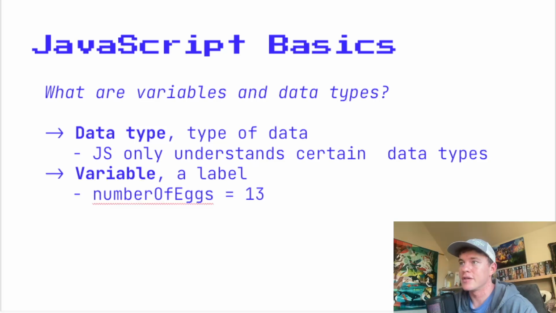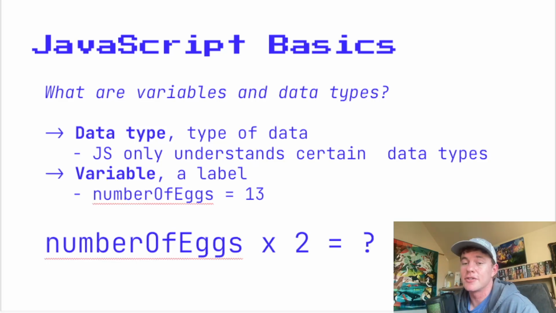So basically what we have is certain types of data, and then we have a labeling system for that data known as variables. To give an example, here we have number of eggs, and that is equal to 13. 13 is a valid data type, it's a number, and we assign 13 using the equals operator to the variable number of eggs. So when I refer to number of eggs, you can probably infer that I have 13 eggs.